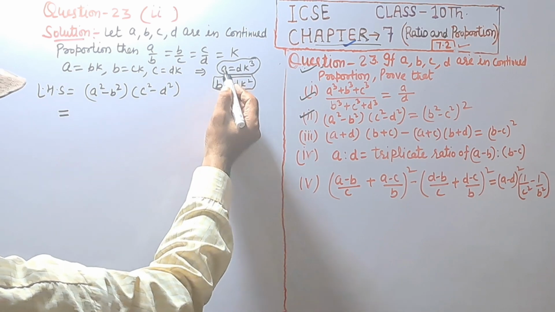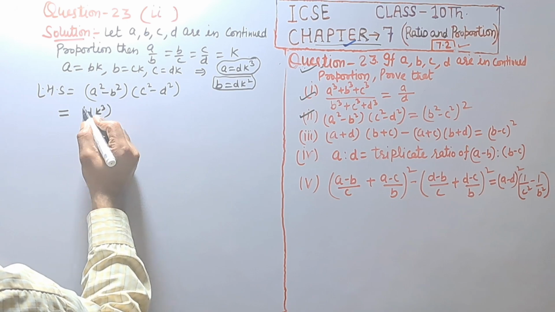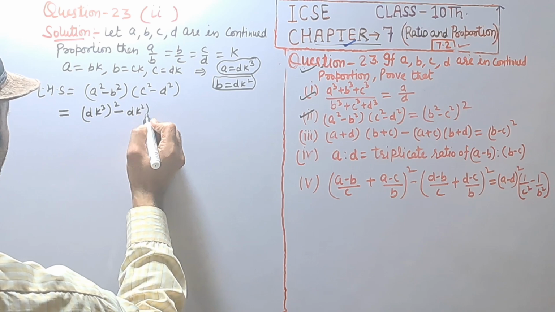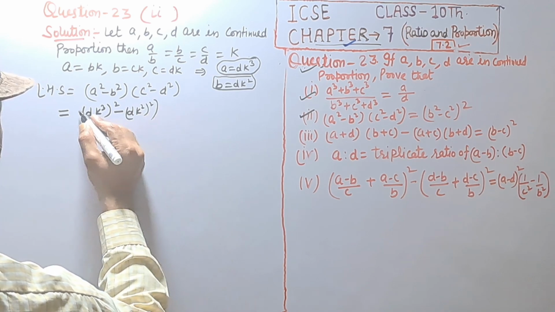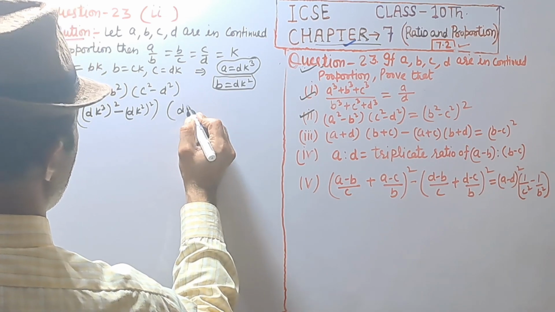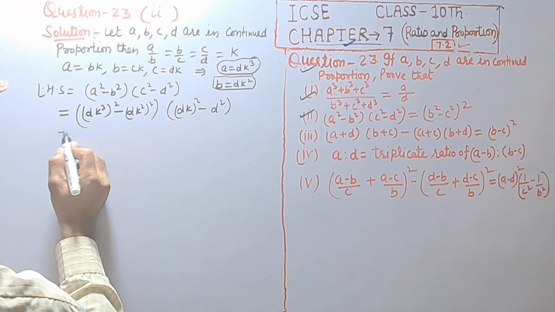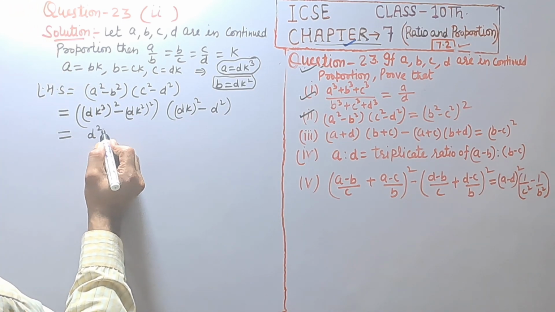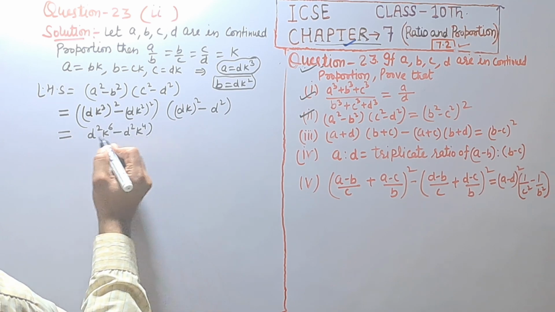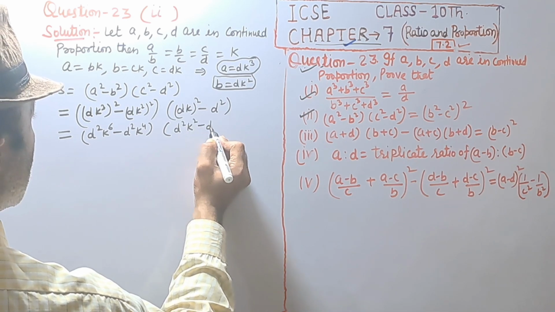A is equal to dk cube, that is dk cube whole raised to power 2, minus b is equal to dk square whole raised to power 2, and c is equal to dk raised to power 2 minus d raised to power 2, that is equal to d square k6 minus d square k4 and d square k square minus d square.